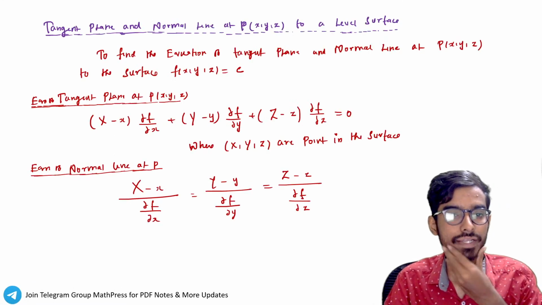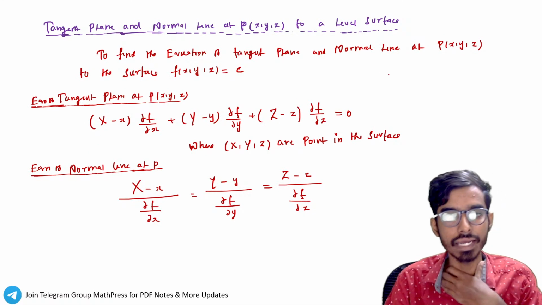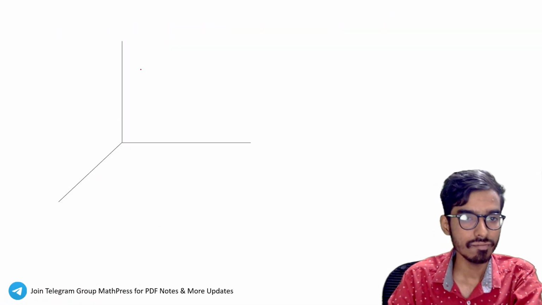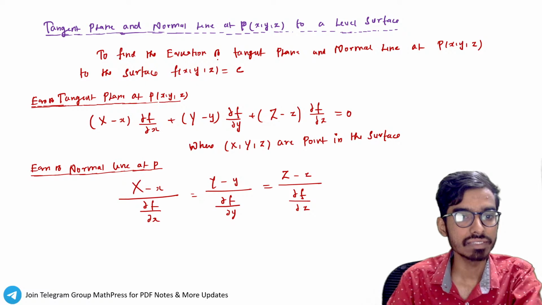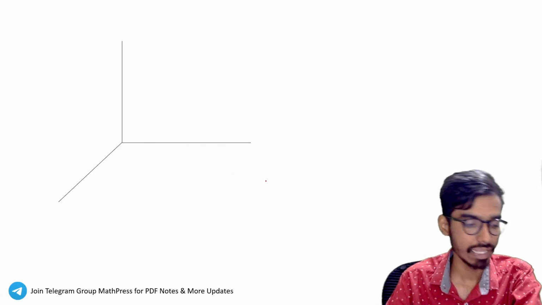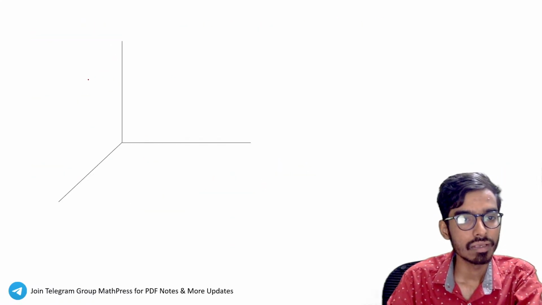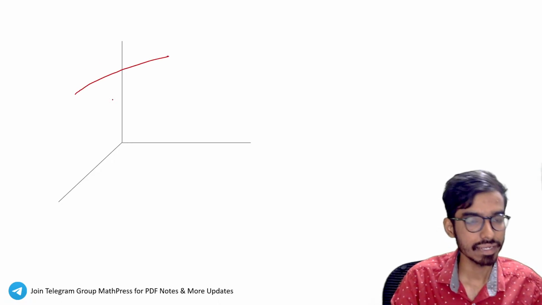So to find the equation of the tangent plane and normal, let us say we have a surface f of x comma y comma z. Let us take some arbitrary surface like this.